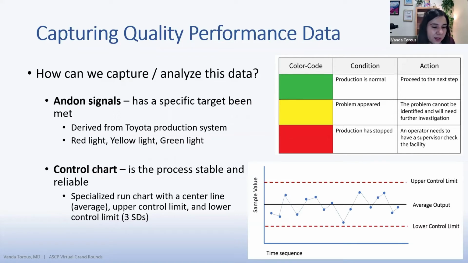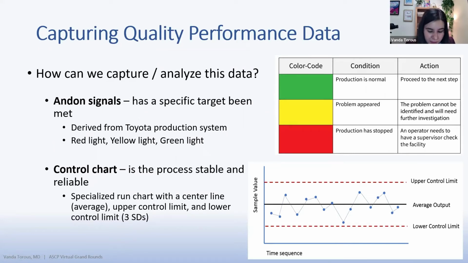It was a method that could really quickly signal that there was a problem within the production process by using this color coding system, right? So you have a green light, a yellow light, and a red light, right? So it was a way to rapidly identify if there was an issue at a workstation.